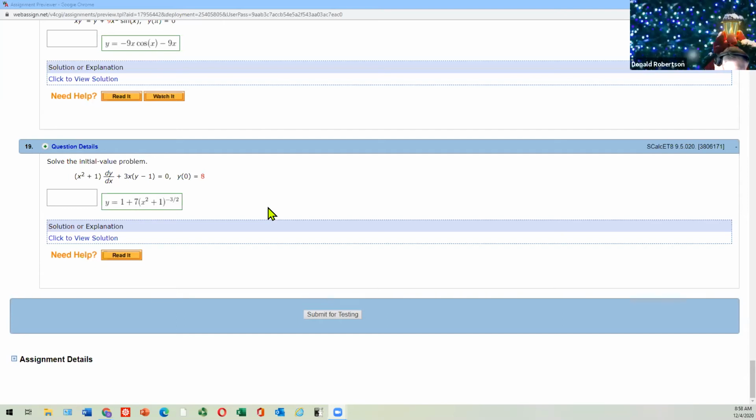Okay, so we have x squared plus 1 dy by dx plus 3x brackets y minus 1, and then y of 0 equals 8. So let me nip back and show you what to do with that y minus 1.